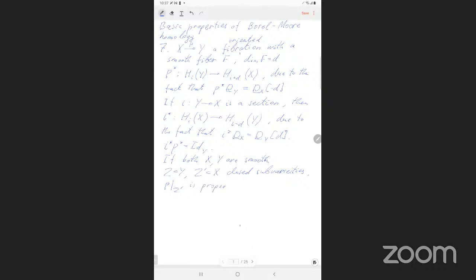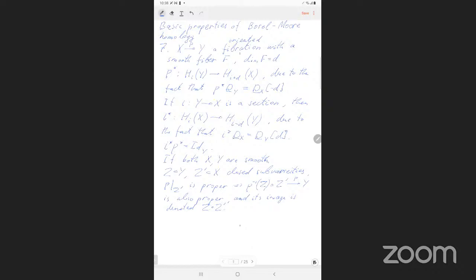Then necessarily, if we take the preimage of Z and intersect it with Z prime, its projection p to Y is also proper, and its image is denoted as the composition Z composed with Z prime.